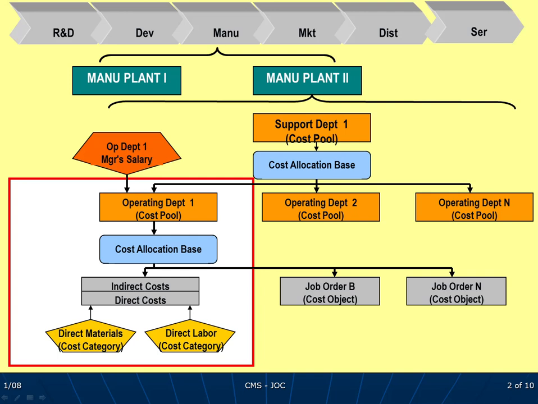So in terms of the numerator, we want the costs accumulated, the resources in a cost pool, to be as homogeneous as possible. Secondly, with respect to the denominator, we want to make sure we use the correct cost allocation base, which should be the cost driver, the thing that causes us to incur the consumption of the cost that we're trying to allocate. Okay, that's it.